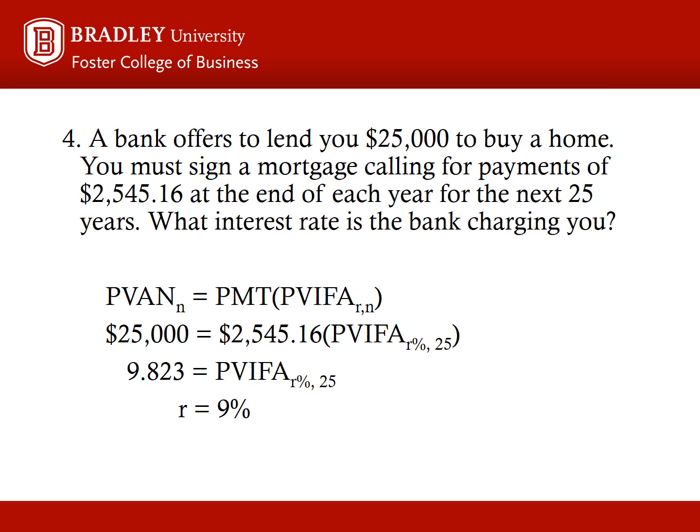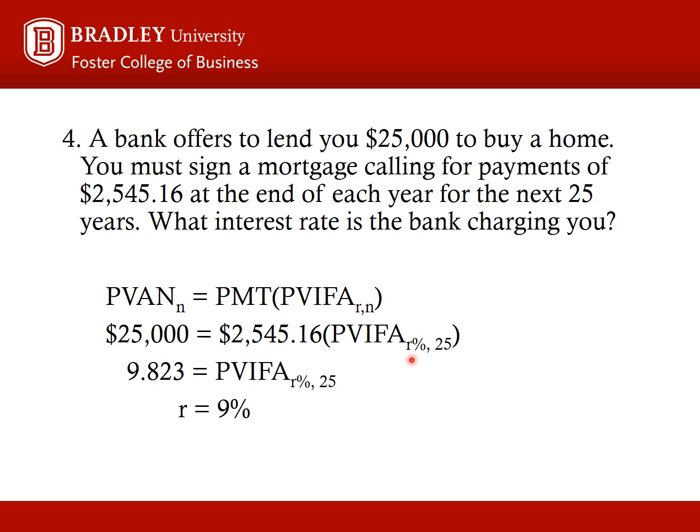So if the bank offers you $25,000 to buy a home, that's a present value amount. They're giving you that amount of money now. So you don't have a choice but to use the present value of an annuity to solve this problem, because in the future value of an annuity there isn't any place for a present value amount. So here my present value of the annuity is the $25,000. The payment is given to be $2,545.16, and we know that it's a mortgage that is 25 years out.